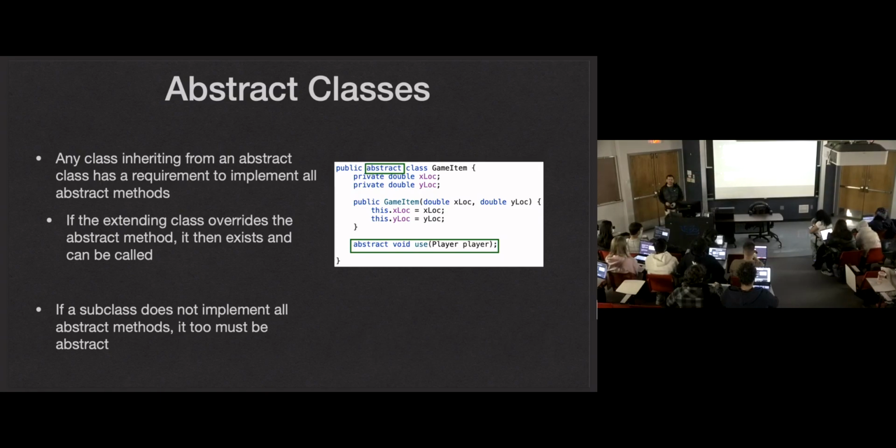That's the responsibility of any class that's inheriting from an abstract class. Must implement all abstract methods, unless you don't want to. It's kind of optional. If you don't implement every single abstract method that you inherit, that's actually fine. Java will let you do that. Will let you skirt that responsibility.